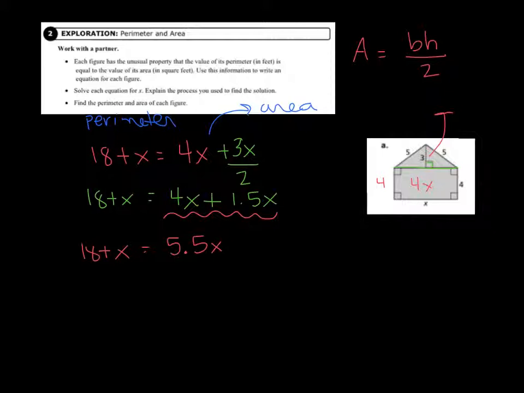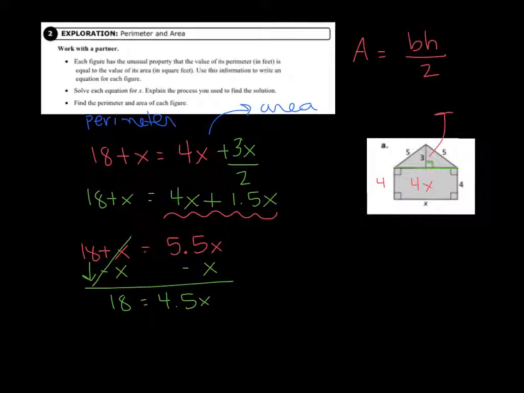The next step is to move all your variables to one side. In order to move a positive x, notice right here I have positive x, I'm using inverse operations. So I'm going to subtract x from both sides. Those will cancel, and I bring down my 18. And then 5.5x's minus an x would give me 4.5x's. Now I'm left with just a one-step equation.